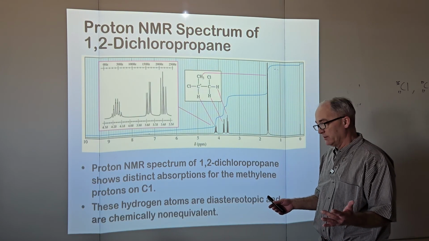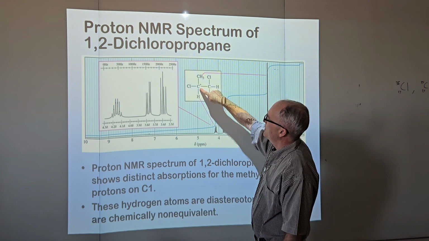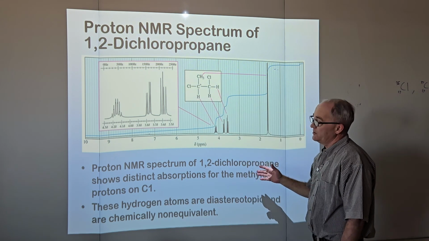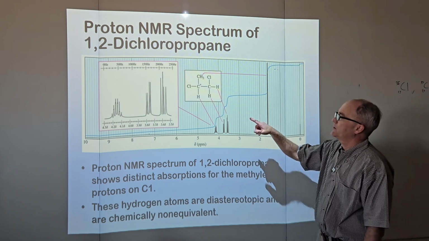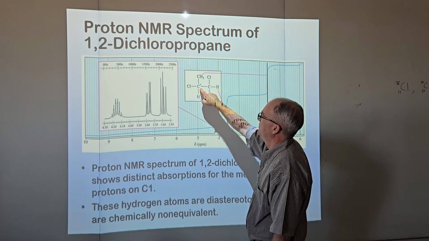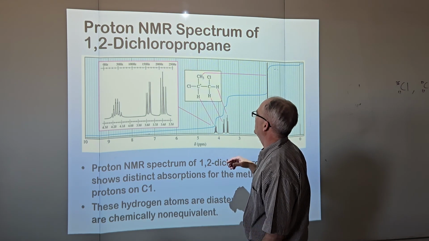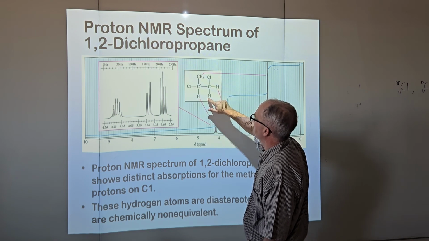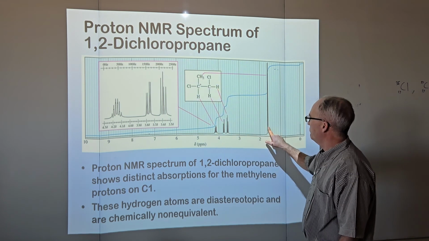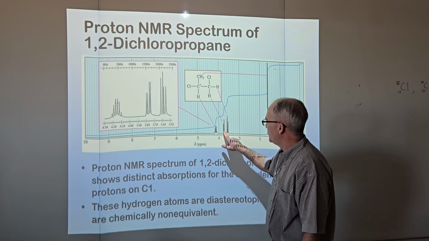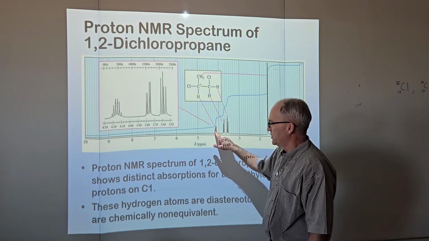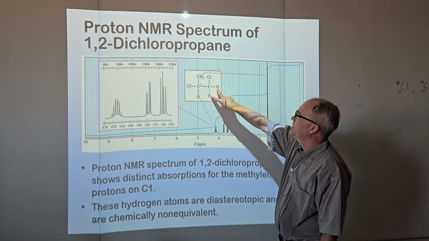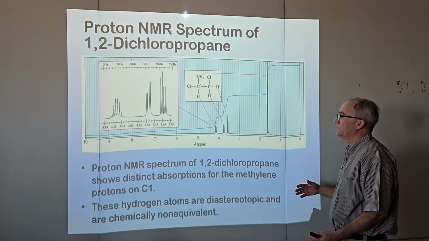But here's an example. Notice this carbon here has 1, 2, 3, 4 different groups. So we have a chiral center here, and normally you'd probably say 1, 2, and 3, and say I should just have 3 groups. 1, 2, 3, 4. And that's because these 2 are no longer chemically equivalent. They're chemically different.